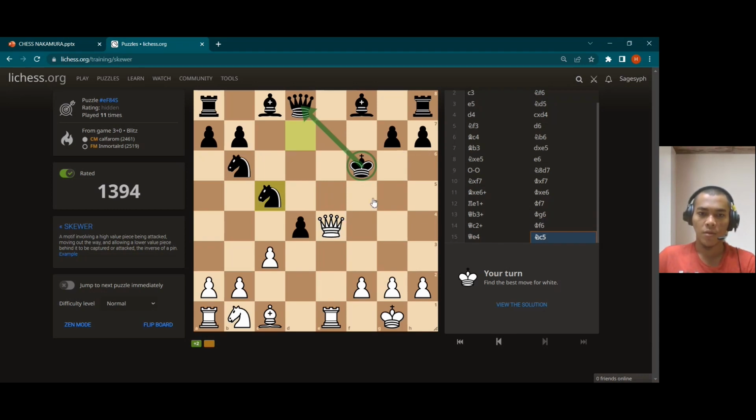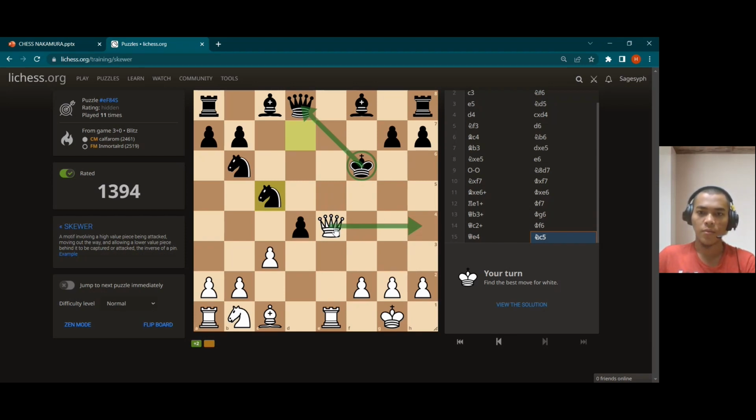So what we can do is find the piece that can move diagonally and try to capture the queen that is behind the king. So what I can see here, the queen can move here, and then it is in check anywhere in the legal square, and then we can capture the queen, which is unprotected by other pieces.